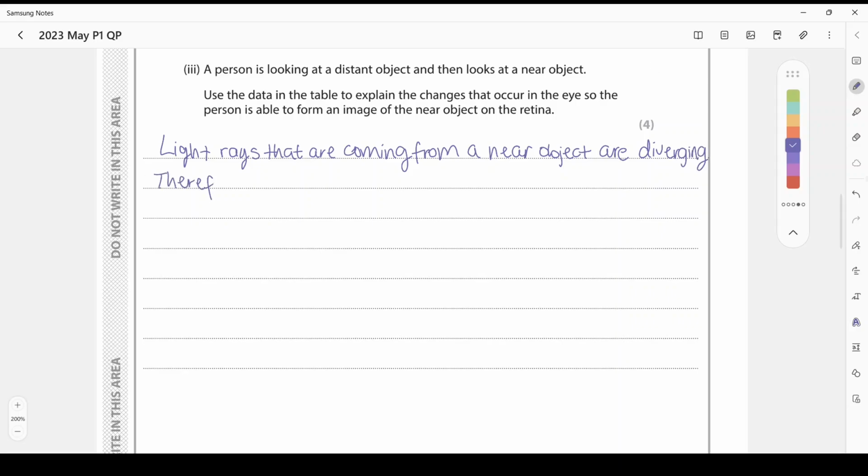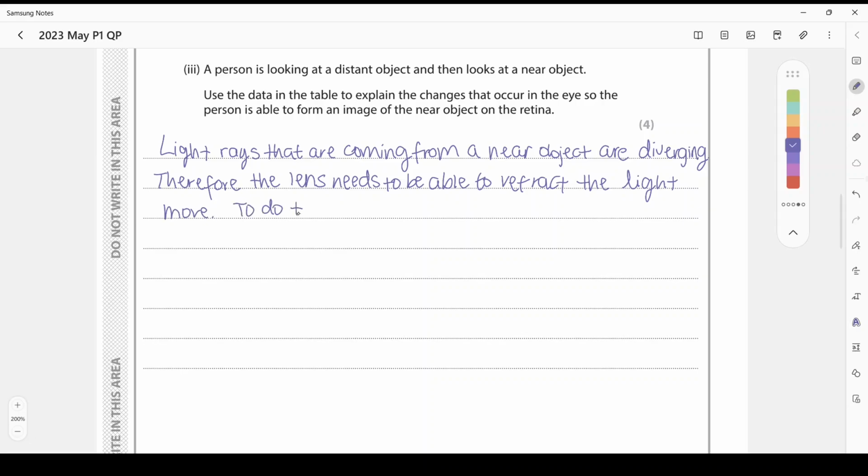Therefore, the lens needs to be able to refract the light more.